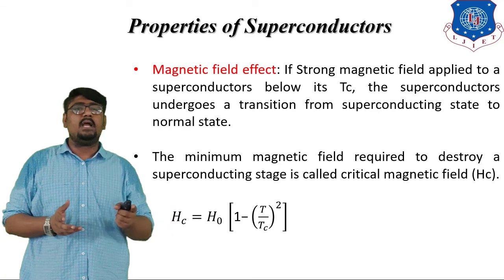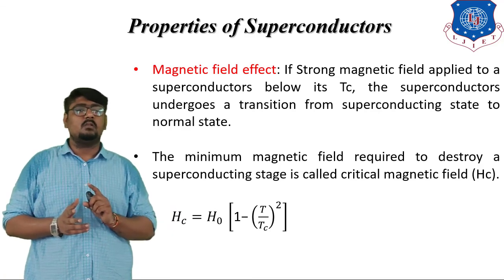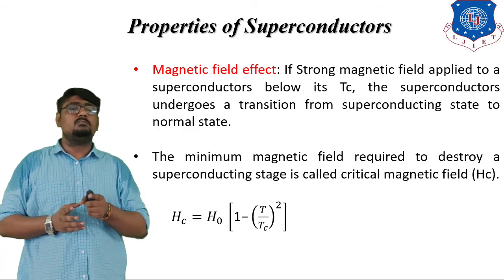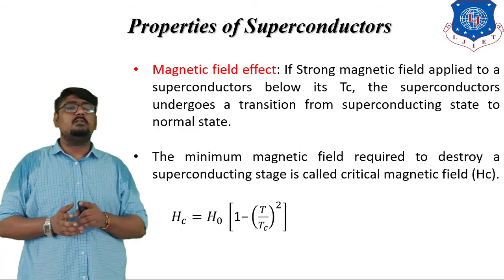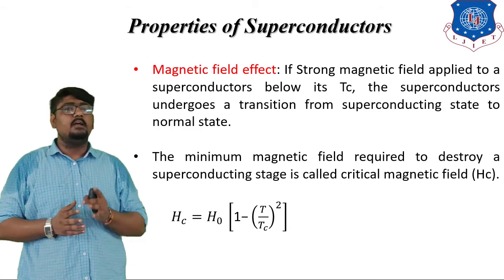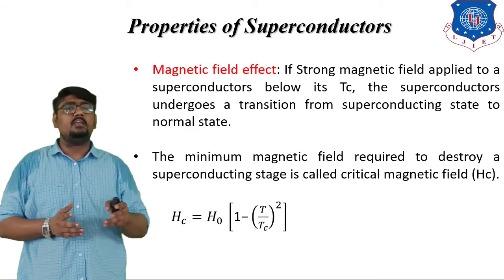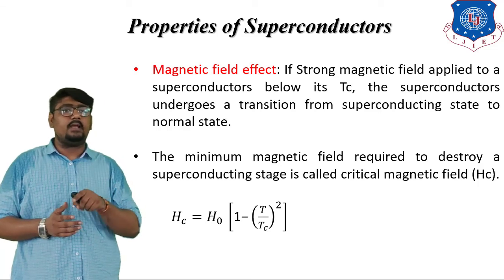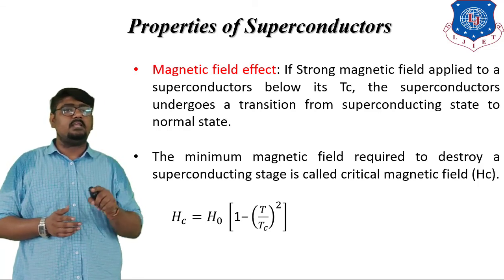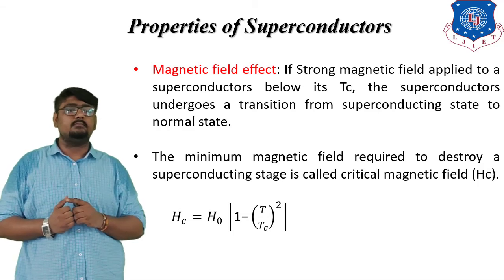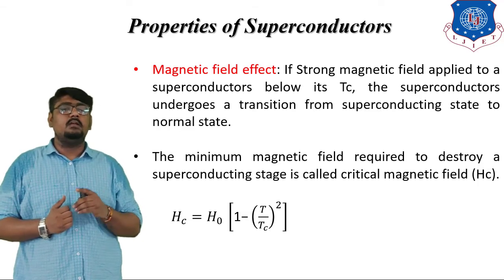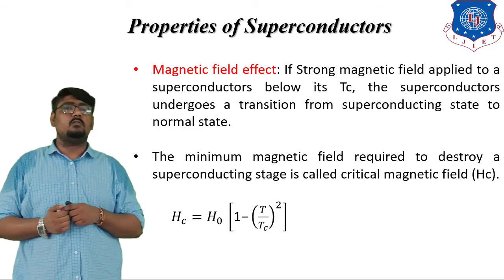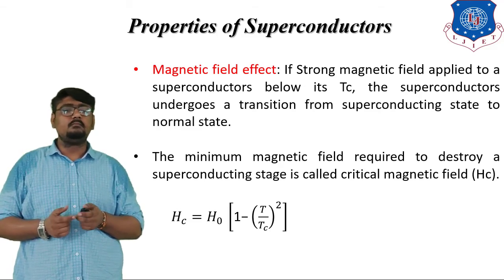The minimum magnetic field required to destroy a superconducting state is known as the critical magnetic field, and it can be given by the equation Hc equals H0 times (1 minus (T by Tc) whole square), where H0 is the critical field at T equals 0 Kelvin temperature.